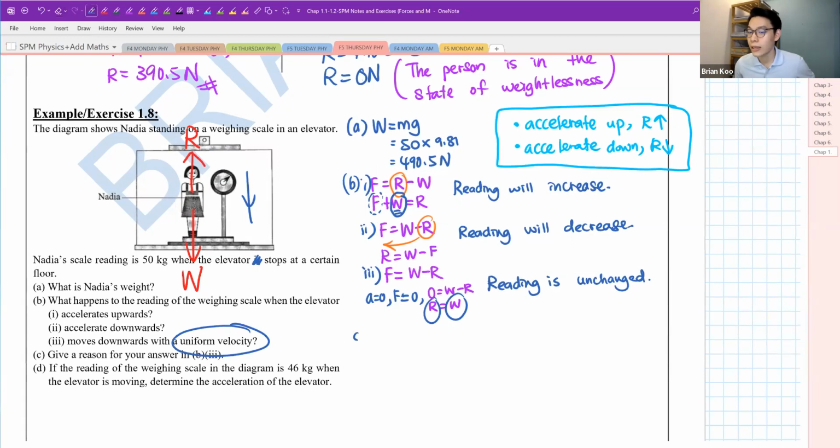Part C, give a reason for your answer in part B3. Why is the reading unchanged?